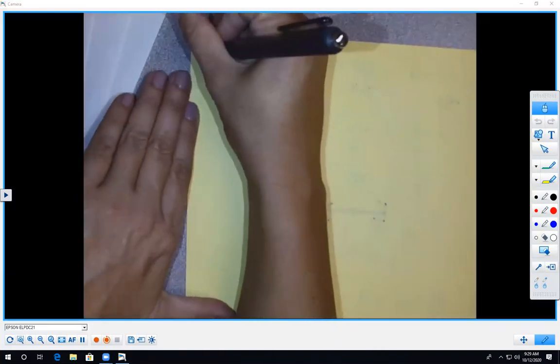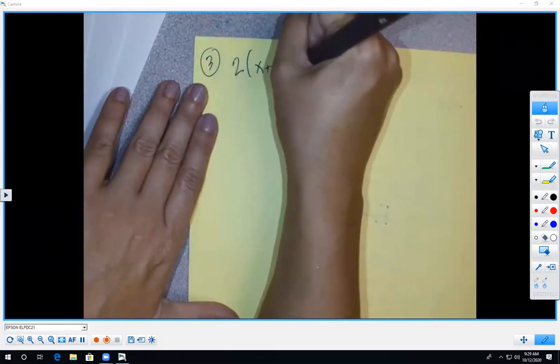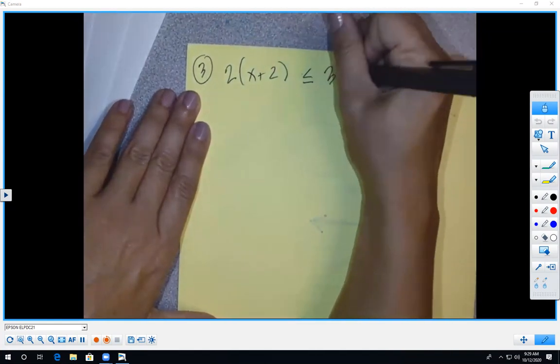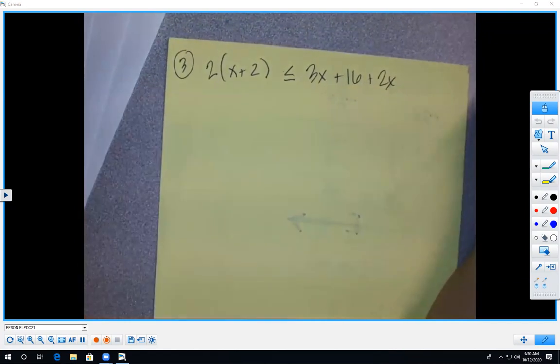Okay, look at this one, number 3. If I had 2 times x plus 2 is less than or equal to 3x plus 16 plus 2x.